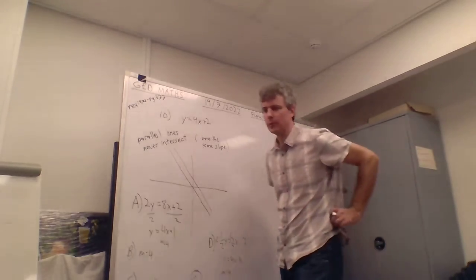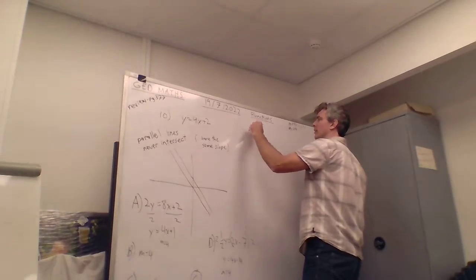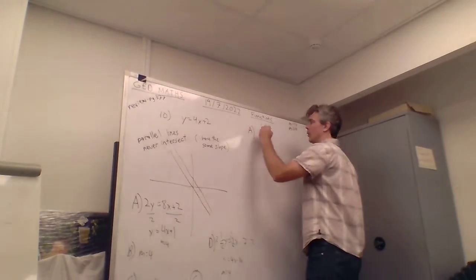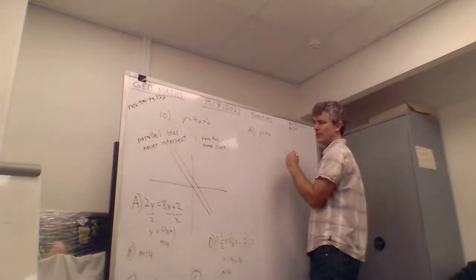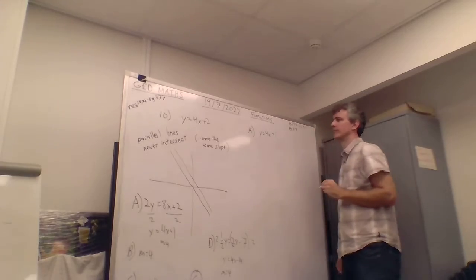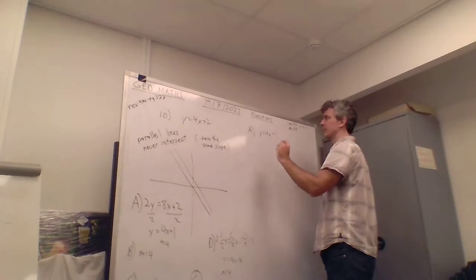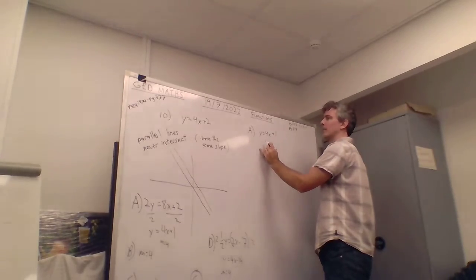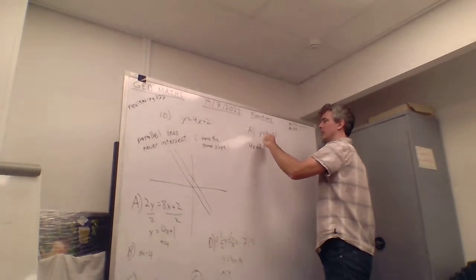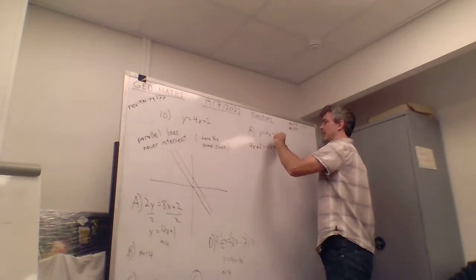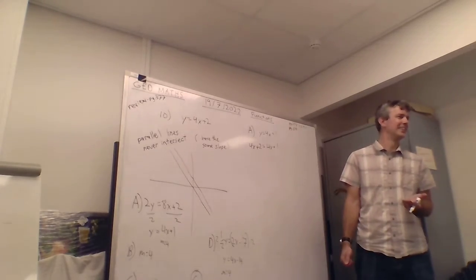But we could just do substitution, right? So we have y equals 4x plus 2. For A, we said y equals 4x plus 1. So if we substitute, we can do 4x plus 2 equals 4x plus 1. That's impossible, right?